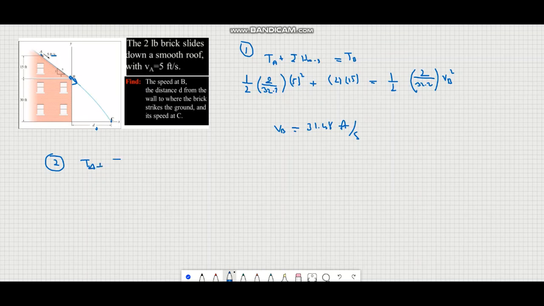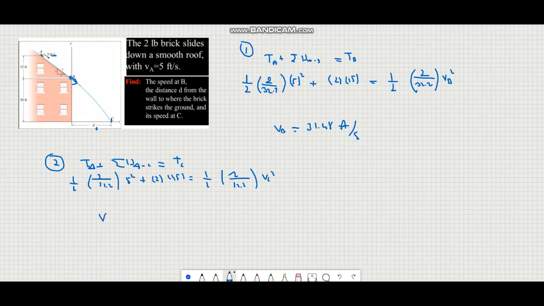TA plus the total UA to C is equal to TC, which is 1 over 2 m, which is 2 over 32.2, multiplied by V, which is 5 square, plus the weight, which is 2, multiplied by the change of elevation, 45. So 2 multiplied by 45, and we are going to have 1 over 2 times 2 over 32.2, and velocity of C square.